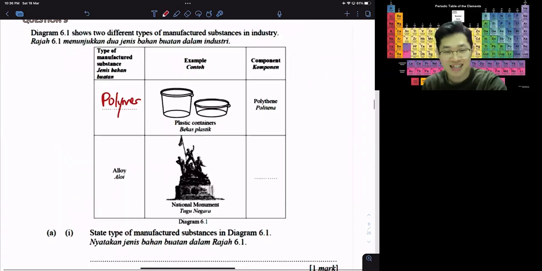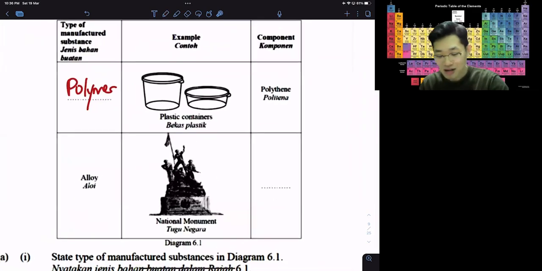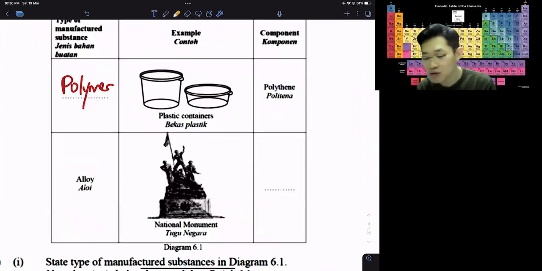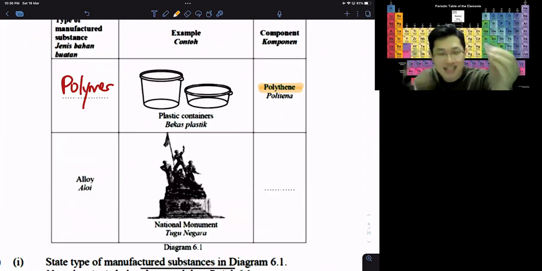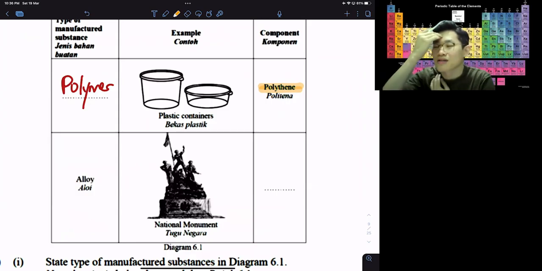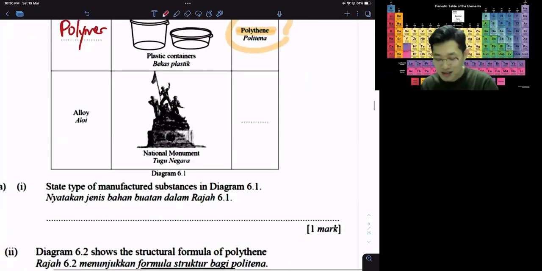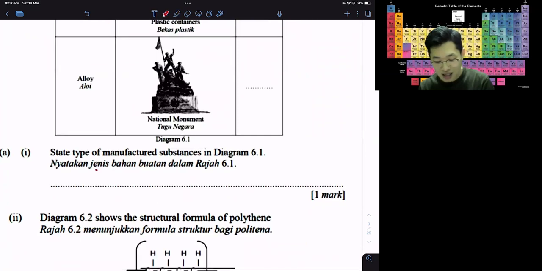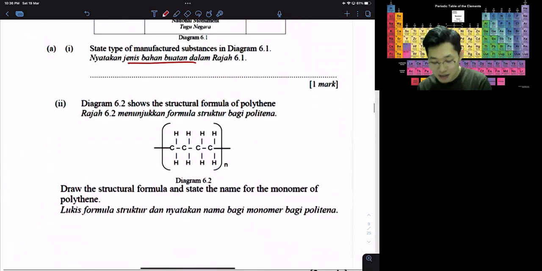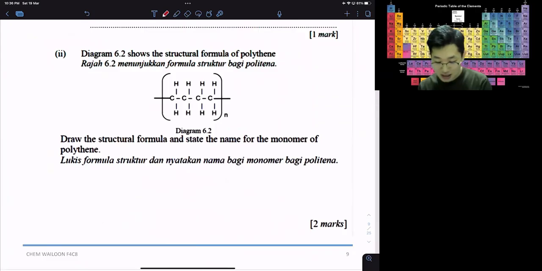Because they gave you polyethylene, polyethylene is plastic, polymer. If they give you fiberglass, then only you write composite material. So be careful with the example given. So this one, done. Polymer, monomer, I skip this one. Easy. Do not need.